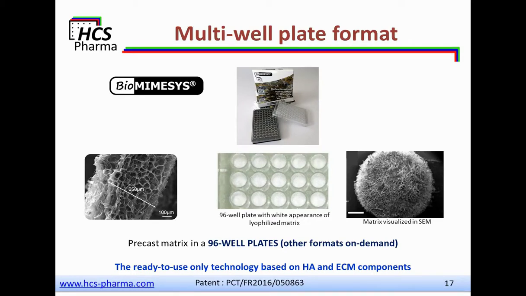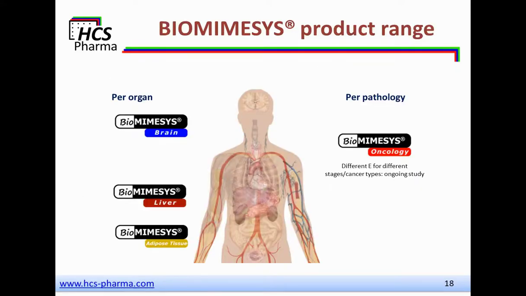Biomimesis is marketed as precast matrix in 96-well plates with different plate formats on demand, and we can modify the thickness of the matrix for hydroscaffold for imaging application or another. And today it is the only ready-to-use technology based on hyaluronic acid and ECM compounds proposed on the market.